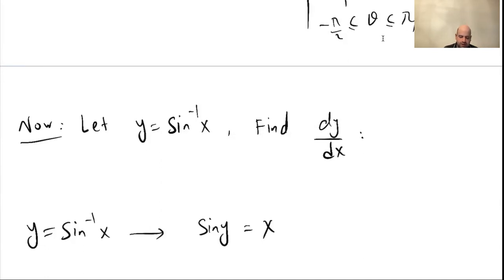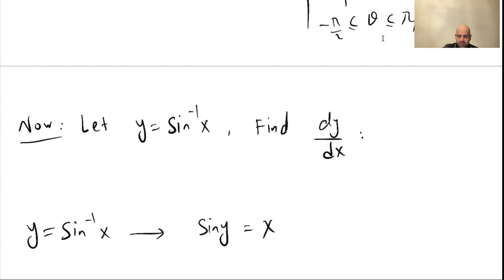The usual derivative of sine y is cos y. So cos y times y prime, or in other words, y prime times cos y equals derivative of x, which is 1. And then that gives y prime equals 1 over cos y.